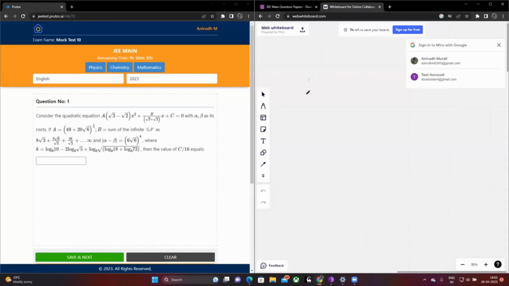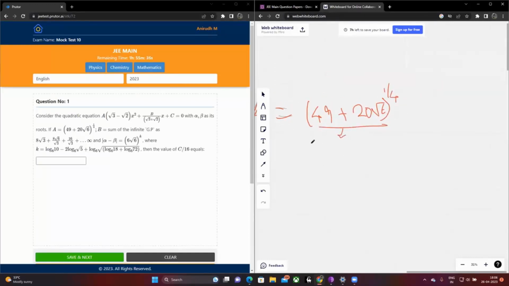So for this, first of all, we'll simplify the third A, which is given by, just a second, I'll switch the pen, right? So taking A to be this (49 plus 20 root 6) whole power 1 by 4, right?